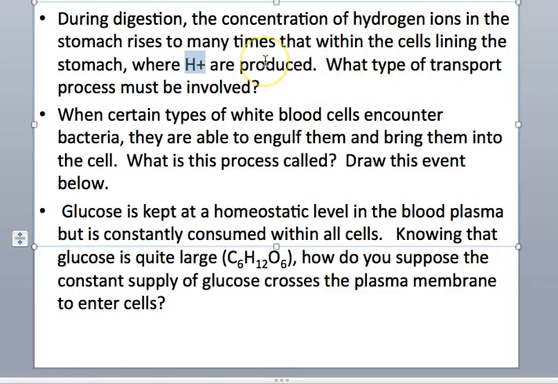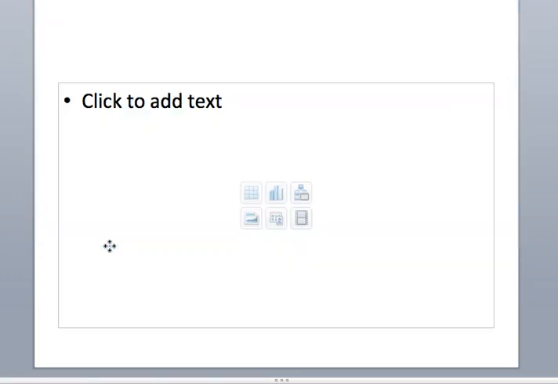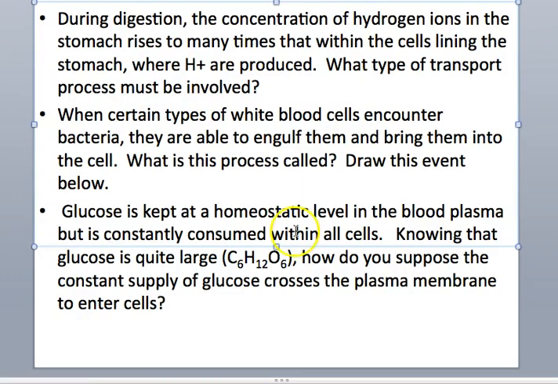Certain types of white blood cells encounter bacteria and engulf them. Like we said, this is called phagocytosis. Next, glucose is kept at a homeostatic level, which means a useful constant level in the blood plasma, but it's constantly consumed within the cells.